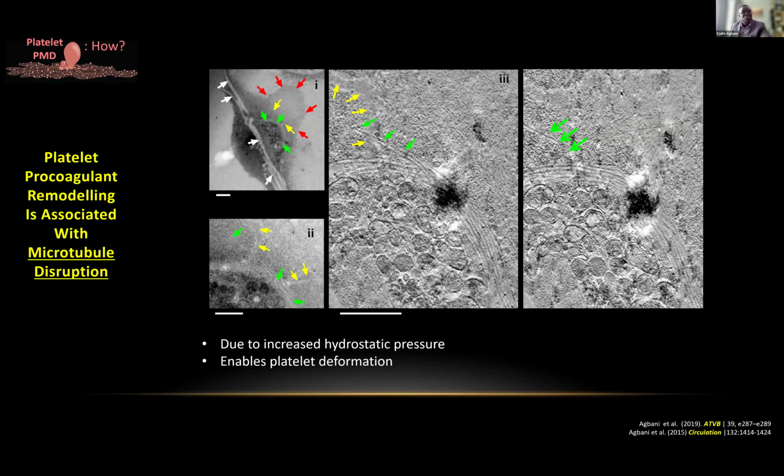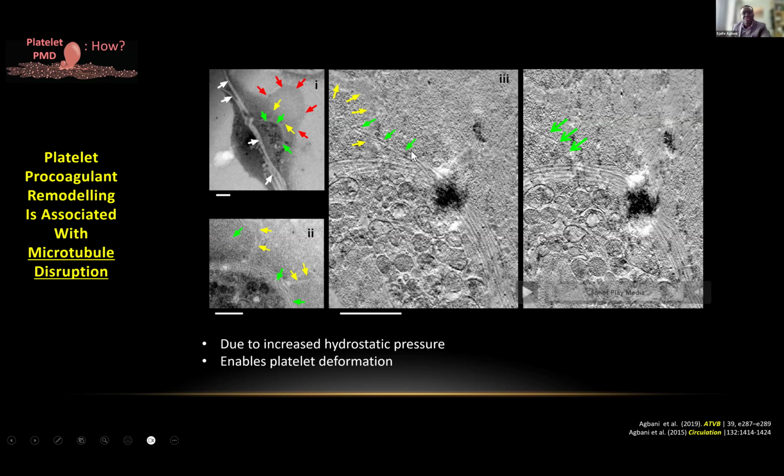A mechanism that is associated with platelet procoagulant ballooning is the disruption of the microtubule. Now, if you think about it, this is due to the increase in internal hydrostatic pressure. So we have sodium coming in, with chloride coming in, and osmotically obliged water is also coming in. All that is increasing the internal hydrostatic pressure within the platelet and pushing against the rigid microtubule to the point where it starts unwinding.